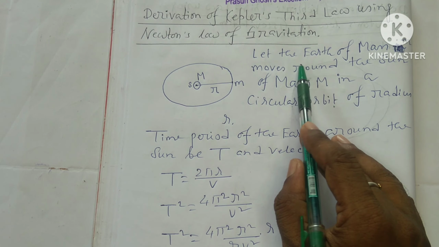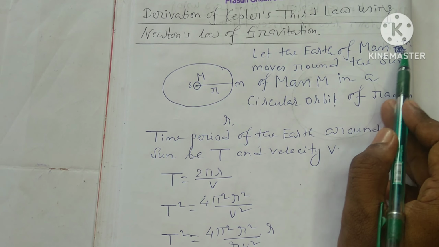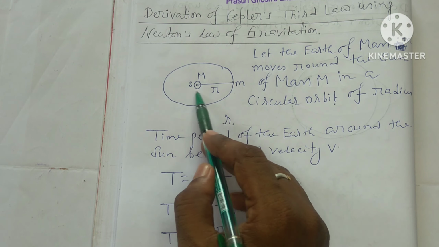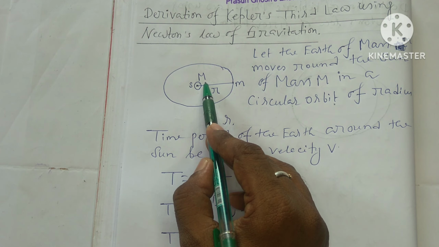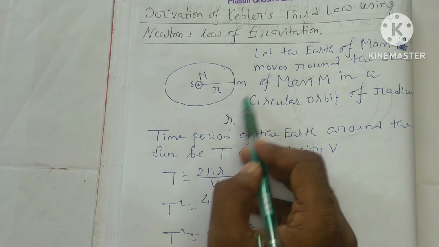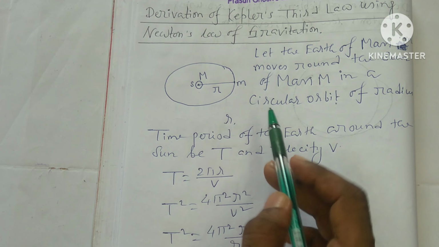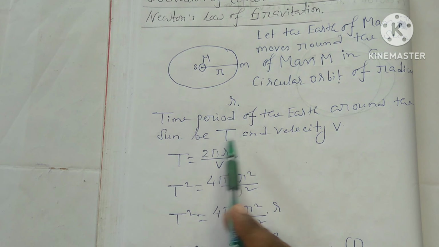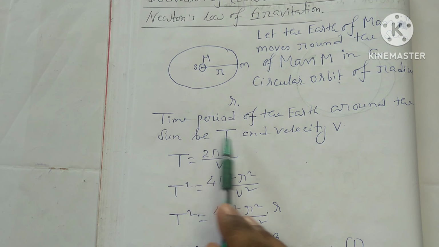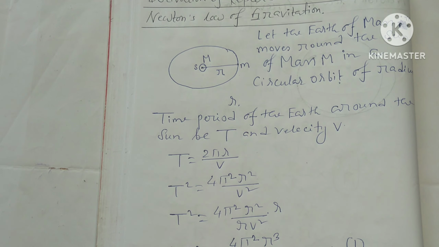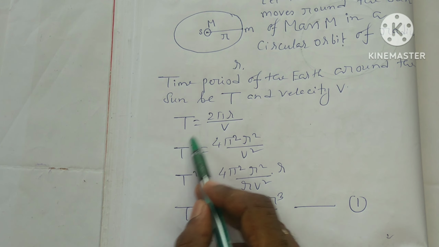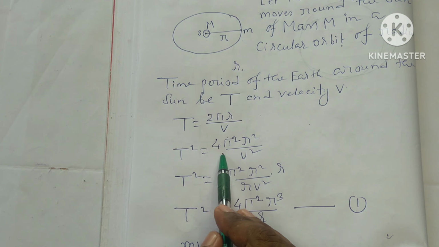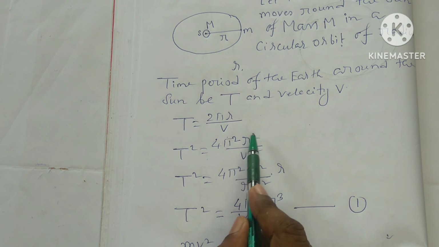Let the Earth of mass m move around the Sun of mass capital M in a circular orbit of radius r. The time period of Earth around the Sun be T and velocity v. So we can write T equal to 2 pi r by v. Squaring both sides, we can write T square equal to 4 pi square r square by v square.